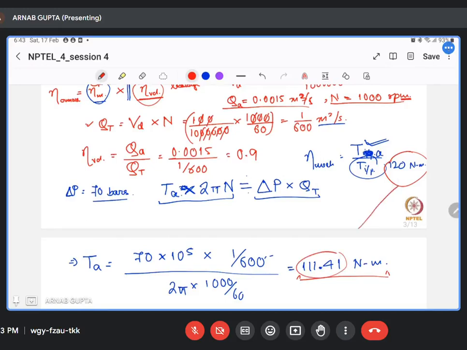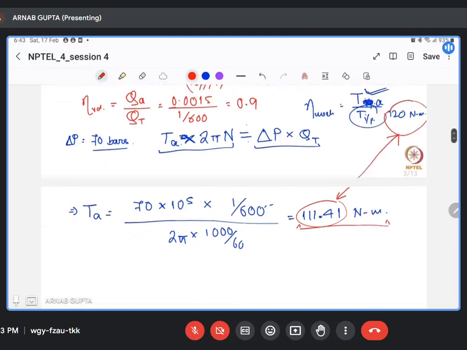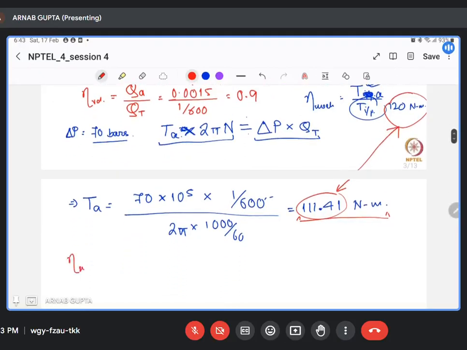I mean, this particular difference is the mechanical losses. Okay, so from here you will get the mechanical efficiency term.